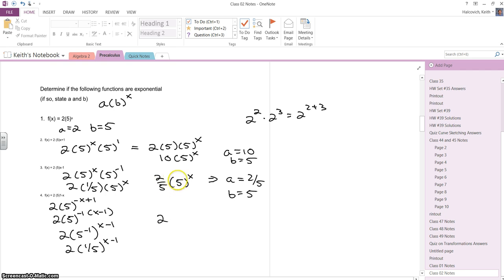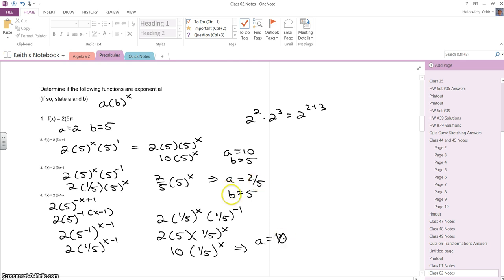So that's 2 times 1/5 to the x times 1/5 to the negative first. 1/5 to the negative first, the reciprocal is just 5, so 2 times 5 times 1/5 to the x. And 2 times 5 is 10. So therefore, a is equal to 10, and b is equal to 1/5.